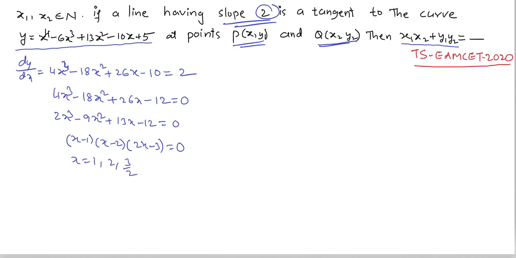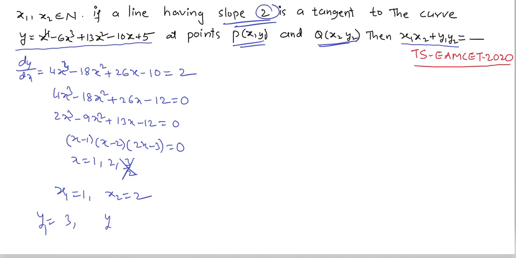Here x1 and x2 belong to natural numbers, so 3 by 2 is rejected. So we find the y value, y1, substituting x1 is equal to 1 in the equation, that is 1 minus 6 minus 5 plus 13 minus 10 plus 10, that is 3.